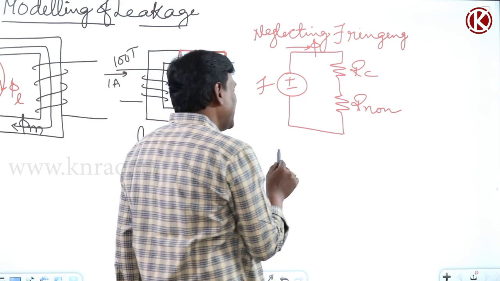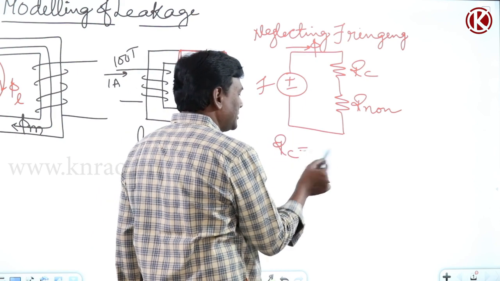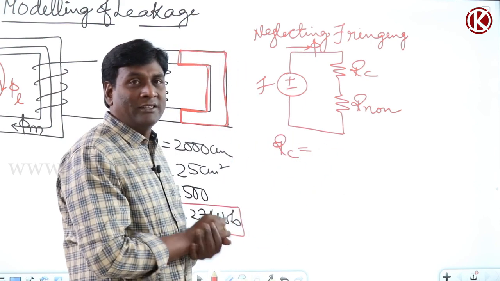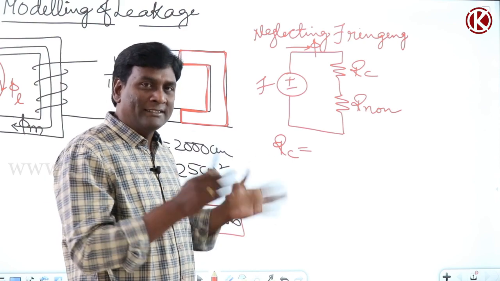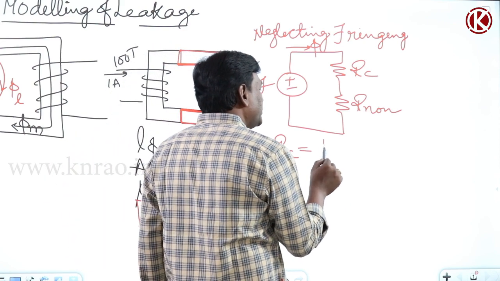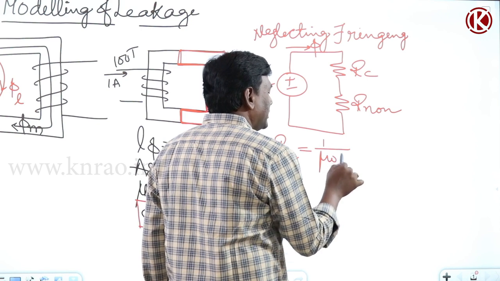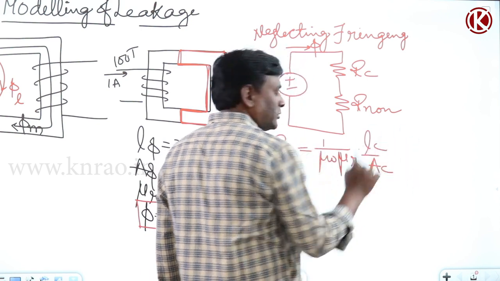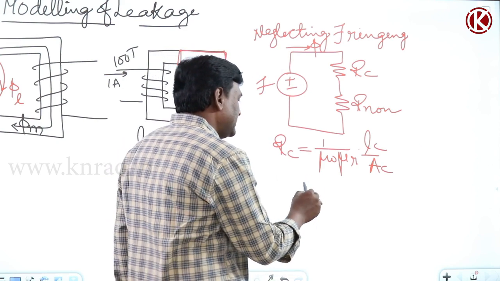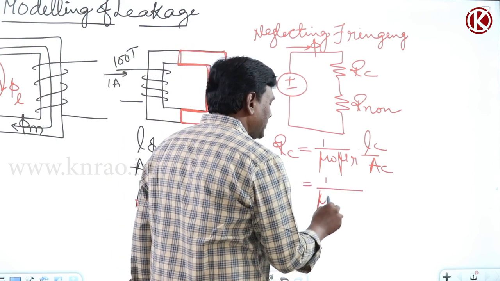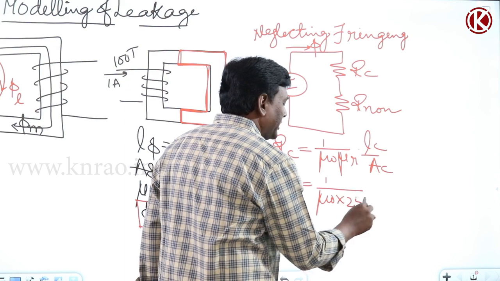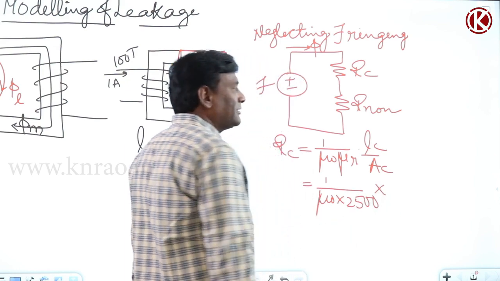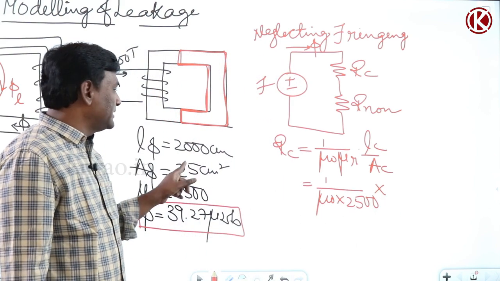Okay, now let me calculate the reluctance of the core. Actually we need not calculate, because whatever we discussed previously, those details are with us. Now the reluctance of the core is going to be 1 by mu naught, times the length of the core divided by the area of cross section of the core. So this is going to be 1 by mu naught, relative permeability is 2500, into the length of the core, which totally was 2000 centimeters.